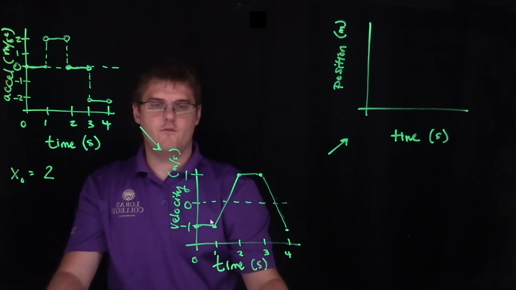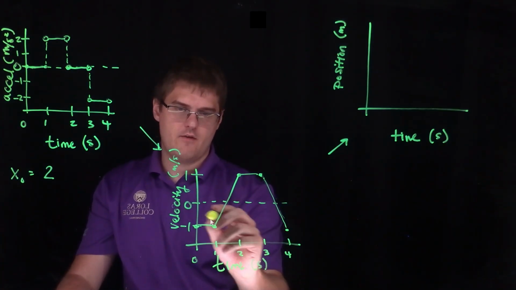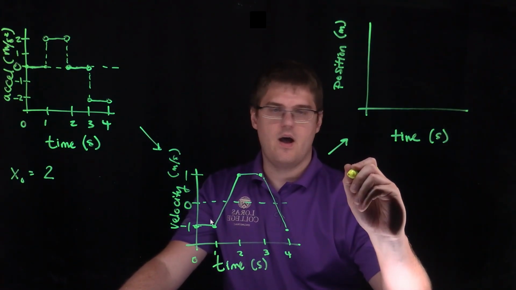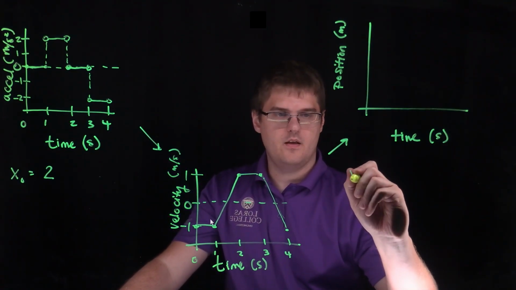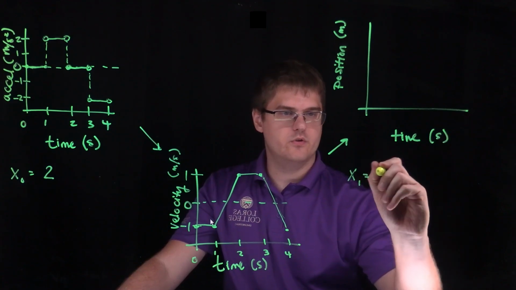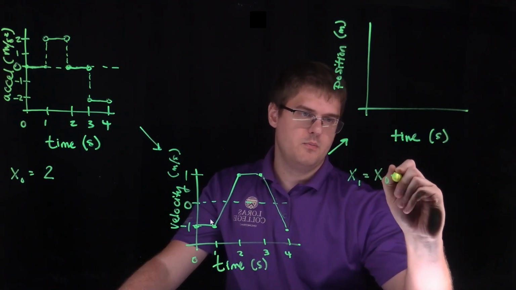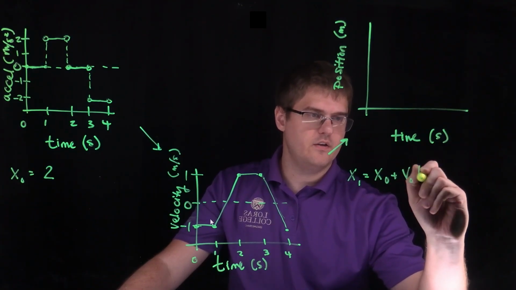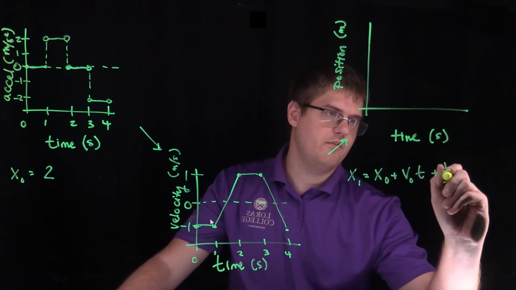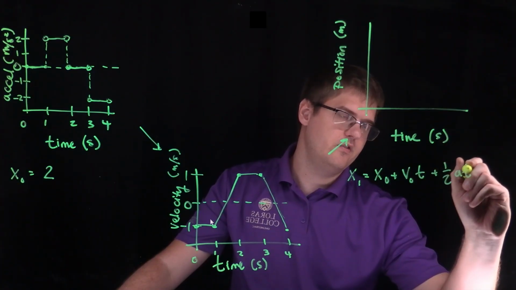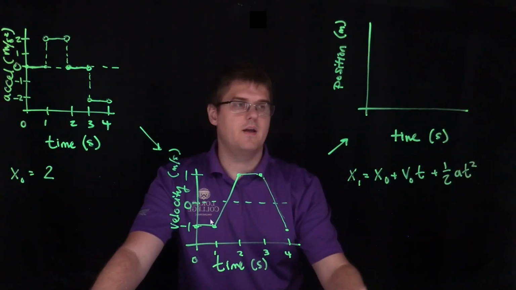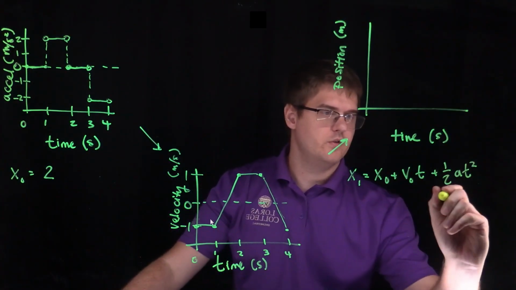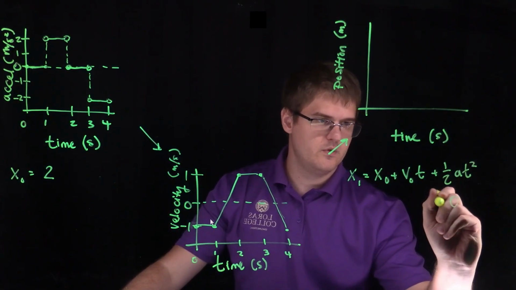So our first piece we have right here, we can say that x1 is equal to x0 plus v naught t plus 1/2 at squared. My acceleration between 0 and 1 is 0. So this is 0.